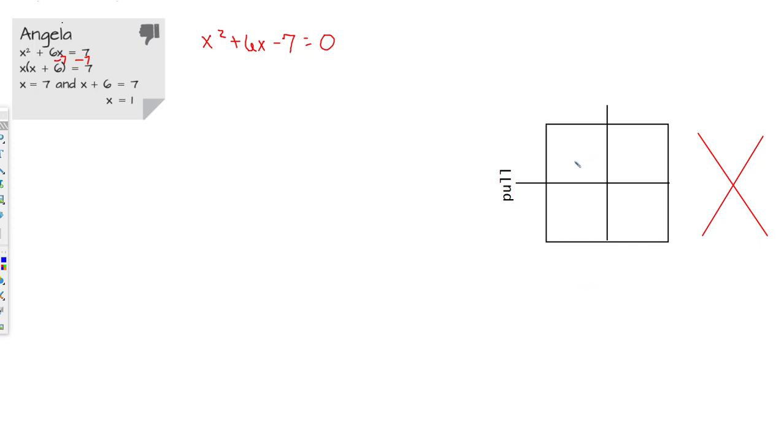What goes in the top right-hand corner? Or is it top left-hand corner? What goes in the bottom right-hand corner? Negative 7. And so the product is? What sum am I looking for this time?